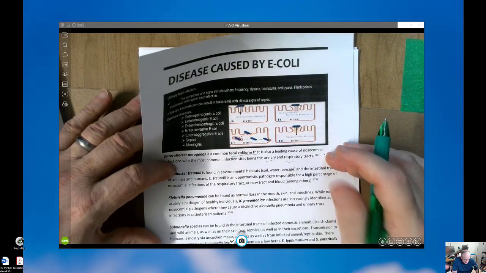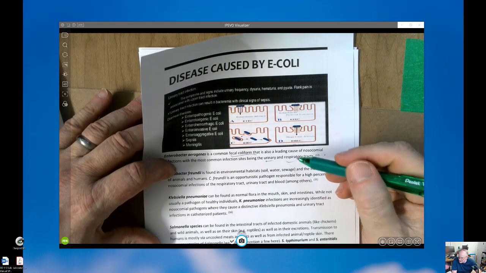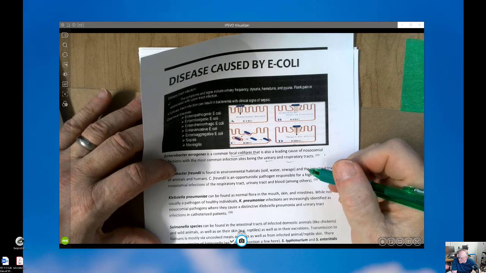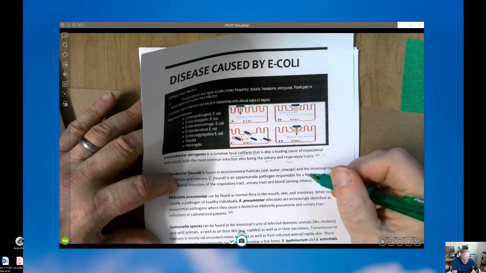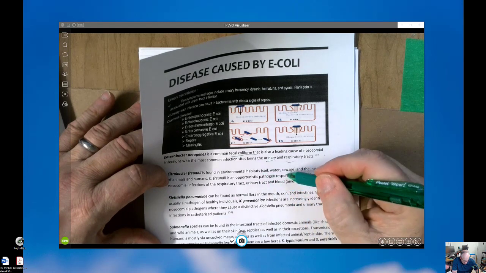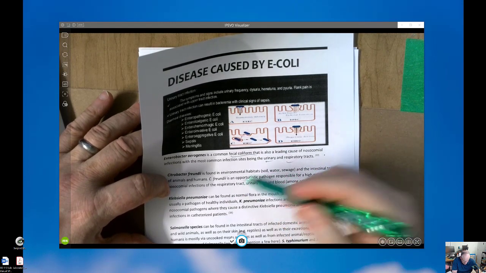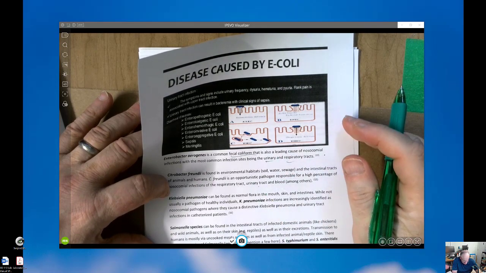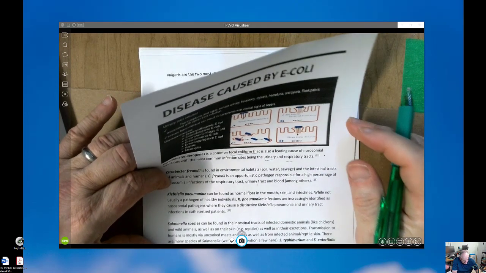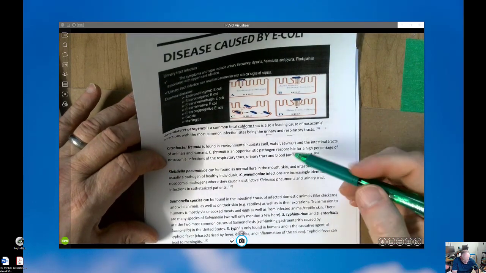Citrobacter freundii is found in environmental habitats: soil, water, and sewage, and the intestinal tracts of animals. Freundii is an opportunistic pathogen responsible for nosocomial respiratory tract and urinary tract infections. Now, it's opportunistic, and it can cause serious problems.